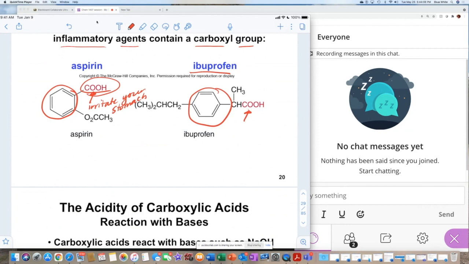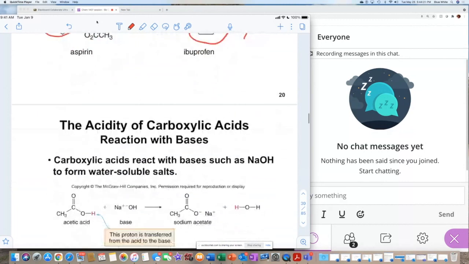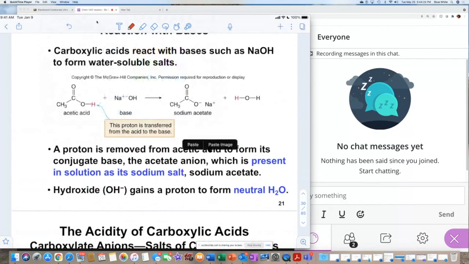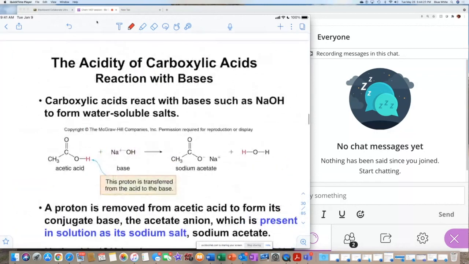So they add other chemical agents in it to make sure it doesn't irritate your stomach too much. But if your stomach is very sensitive, that carboxylic group right there may irritate your stomach. Just FYI.